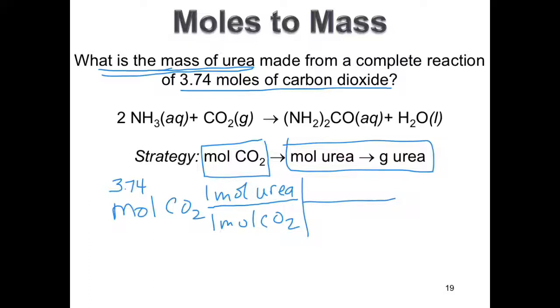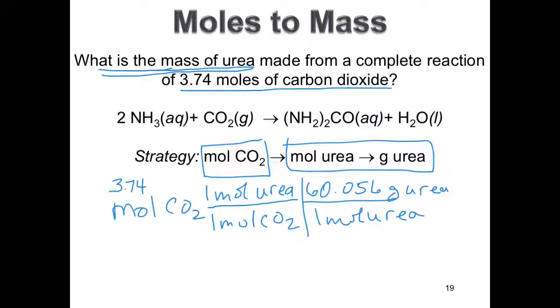The molar mass of urea is 60.056 grams per mole. So 60.056 grams of urea per 1 mole urea.